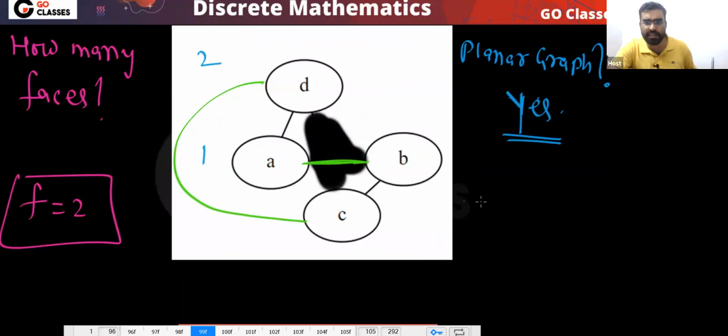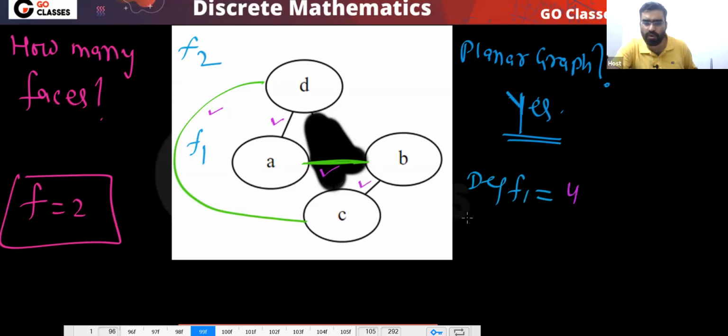Now tell me what is the degree of face 1? Degree means how many edges it is touching. So 1 edge, 2 edge, 3 edge, 4 edge.